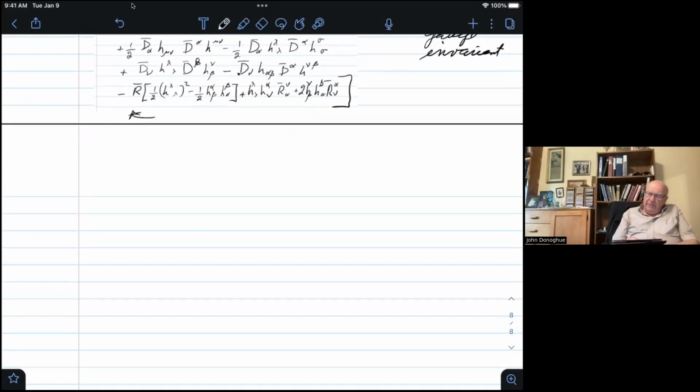So if I'm following the same procedure I did with flat space, but now in this background field method, I need to do gauge fixing.